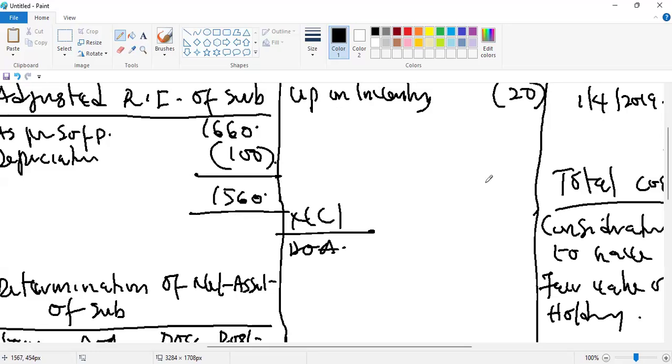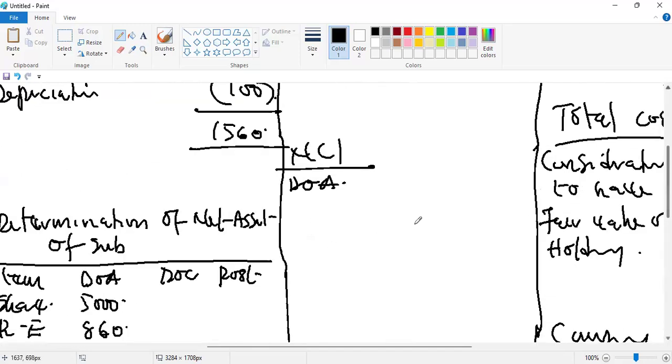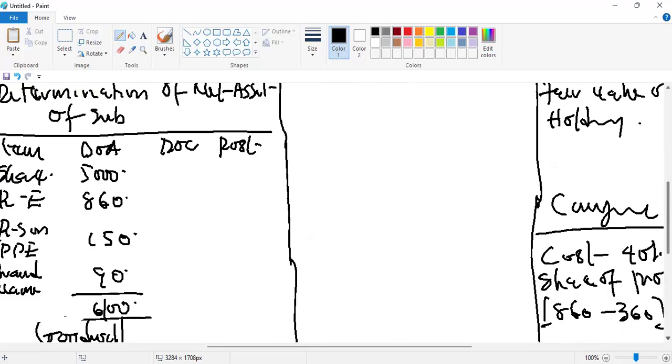I will now bring down. Don't forget share proportionate. We have the share capital at the date of acquisition, 830. So the share capital does not change unless there's a bonus issue, which is not tested here.